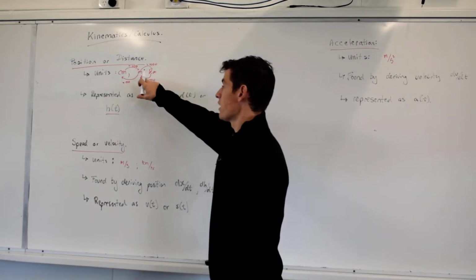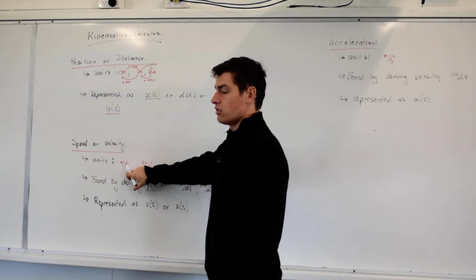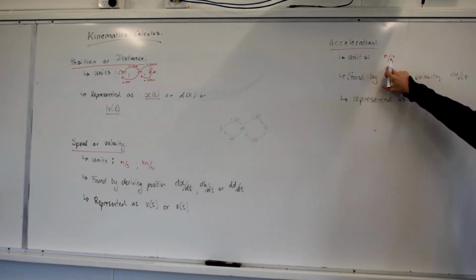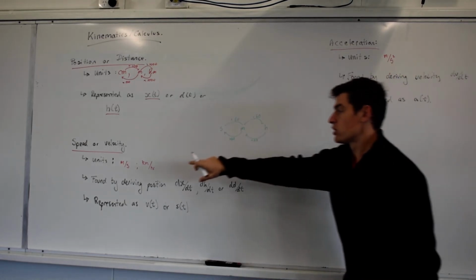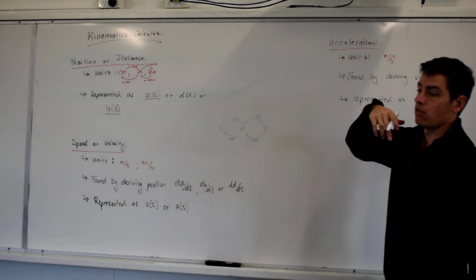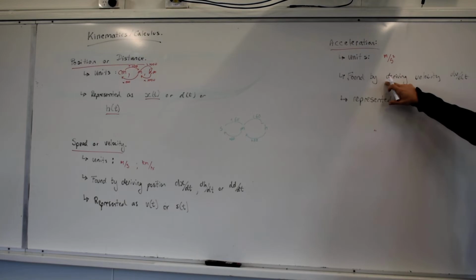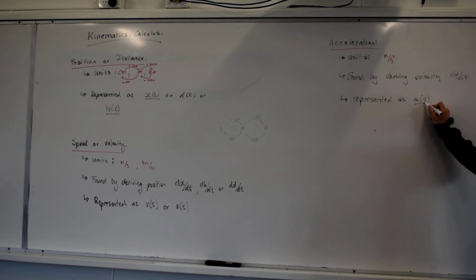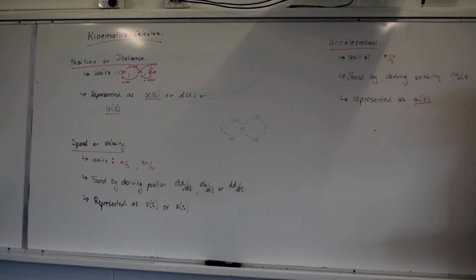Meters per second. So we're saying change in that divided by change in time. What about this one? We're deriving this one, so we're deriving with respect to time again. We find the acceleration by deriving the velocity, and it is almost always represented as a(t) by itself.